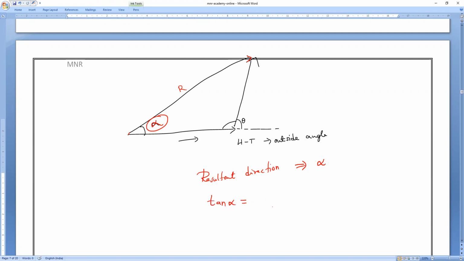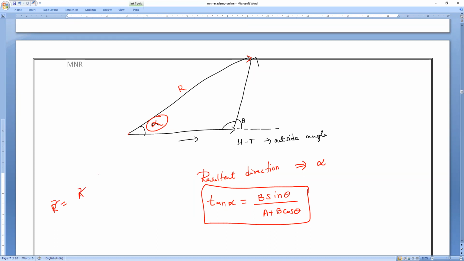Now we all know the tan alpha formula; I taught you in the beginning. Tan alpha is equal to what? B sin theta divided by A plus B cos theta. Okay, so that is the resultant direction. Then what is the resultant vector formula? R square is equal to A square plus B square plus 2AB cos theta. For cos theta, we have to take the smaller angle or bigger angle?